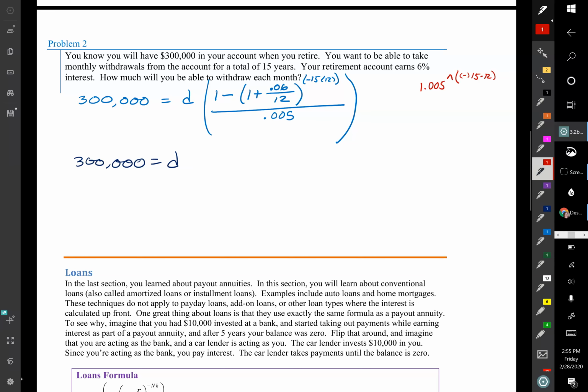And we should get, just quickly type that in, negative 15 to parentheses, negative 15 times 12 in parentheses, and then enter, and you should get 0.4074, so on and so forth.